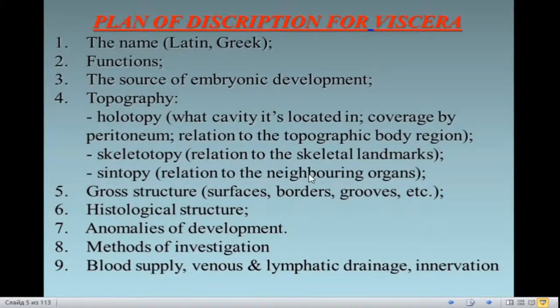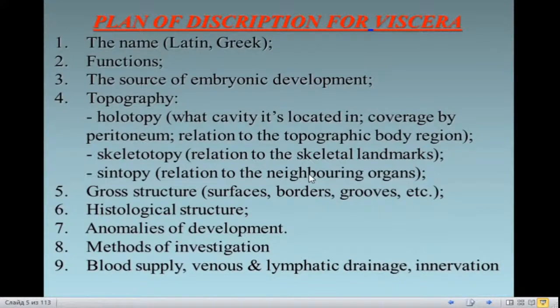The next is methods of investigation. We mention here just anatomical methods. Anatomical means visual. You know which visual methods we can use: dissection only post-mortem, but for living patients we use ultrasound, CT scan, MRI, angiography.